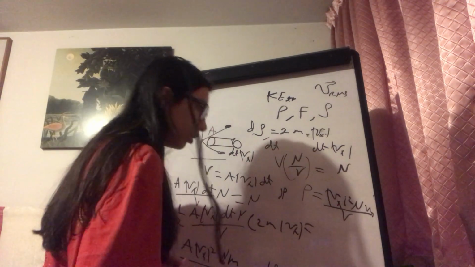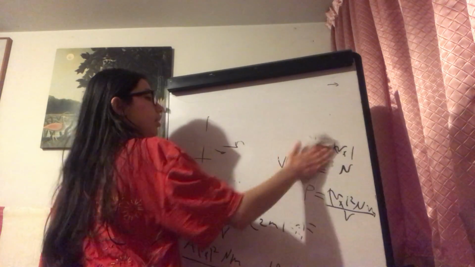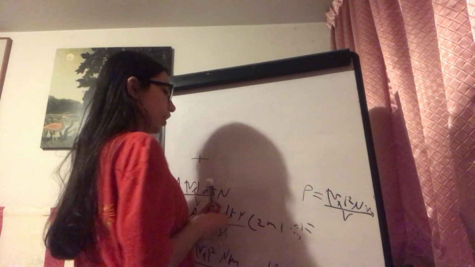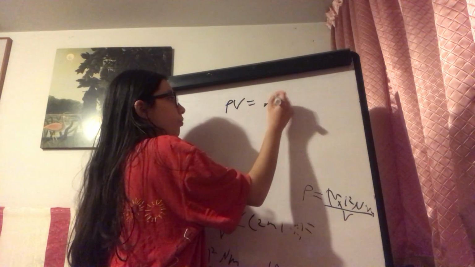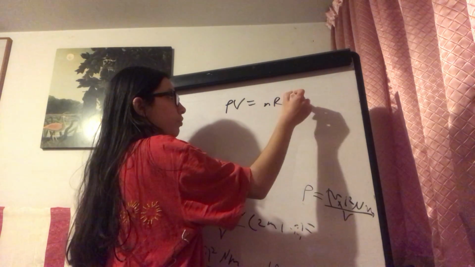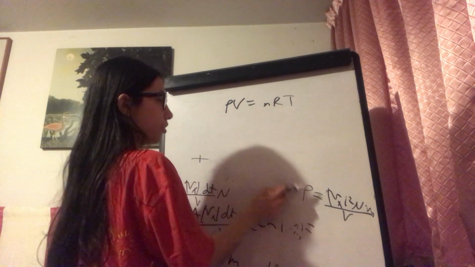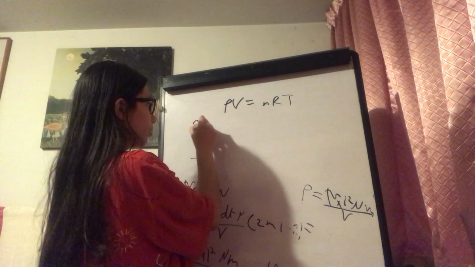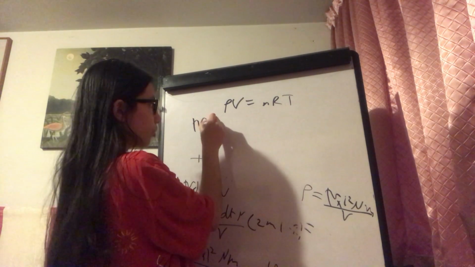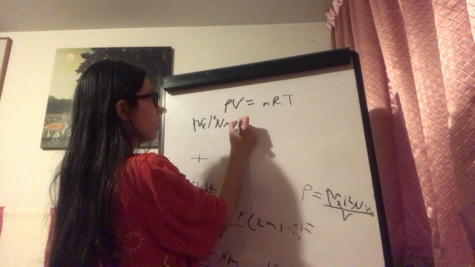Alright, so now remember the equation for the ideal gases, that the pressure times the volume is equal to the number of moles times the universal constant of gases times the temperature. So here we will substitute the pressure here. So we have the velocity in the x component squared times the number of molecules times the mass is equal to nRT.